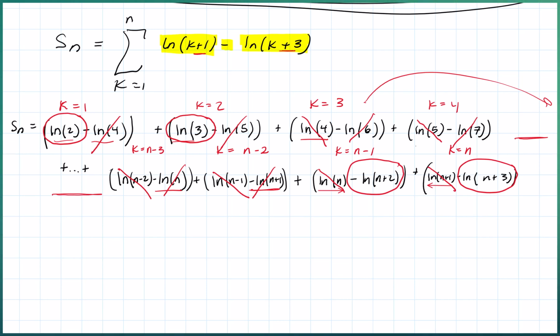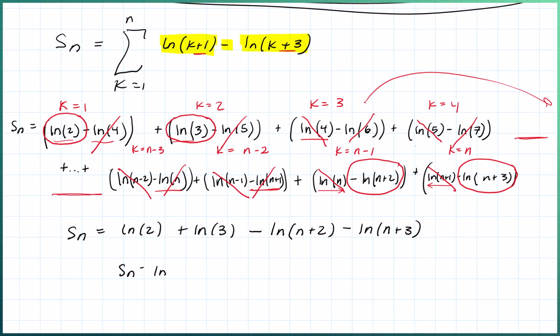And so this partial sum, S sub n, becomes the natural log of 2 plus the natural log of 3 minus, we just collect the terms that are left, natural log of n plus 2 minus the natural log of n plus 3. And just using, because I know I want to take the limit of this, some rules of logs, I'm going to combine terms a little bit here.